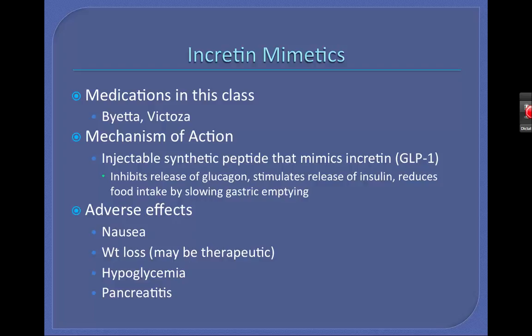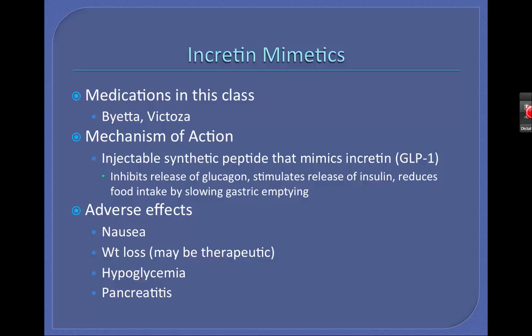So Incretins, the benefits: they improve postprandial control, they reduce appetite, they improve insulin sensitivity, they delay gastric emptying, they improve beta cell function, they don't cause hypoglycemia, and there's a weight loss on average of 2.4 kilograms.